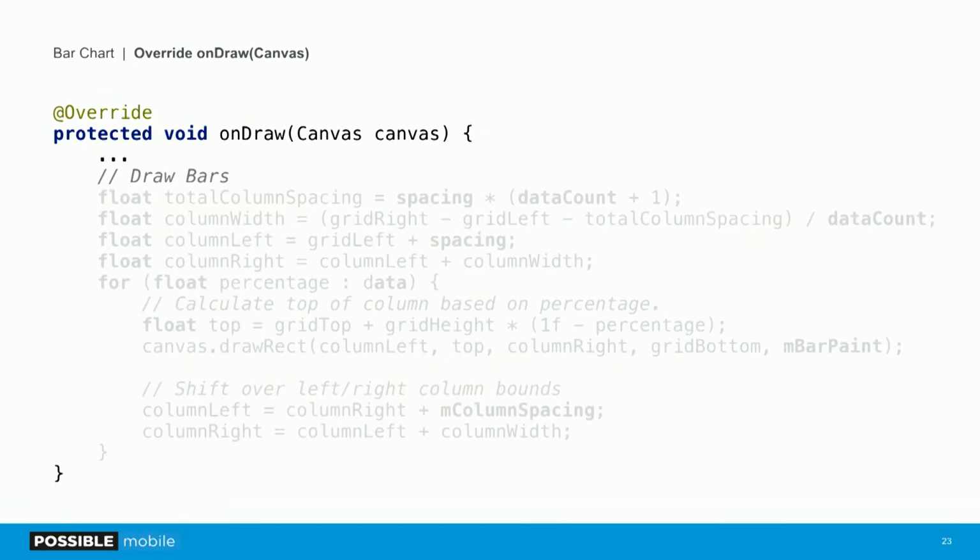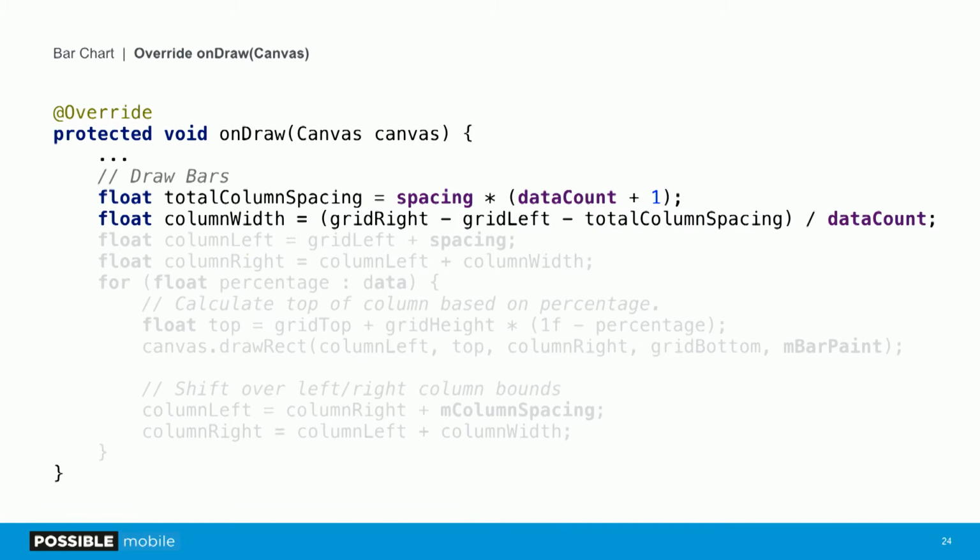The last thing we want to do on top of our grid is draw our individual bars. In this case, the numbers that we have defined is the spacing. The spacing will not change. Then each individual bar needs to fill that width. So we're going to do some math here to figure out how wide each bar needs to be. First off, we're going to calculate the total amount of spacing within our entire width.